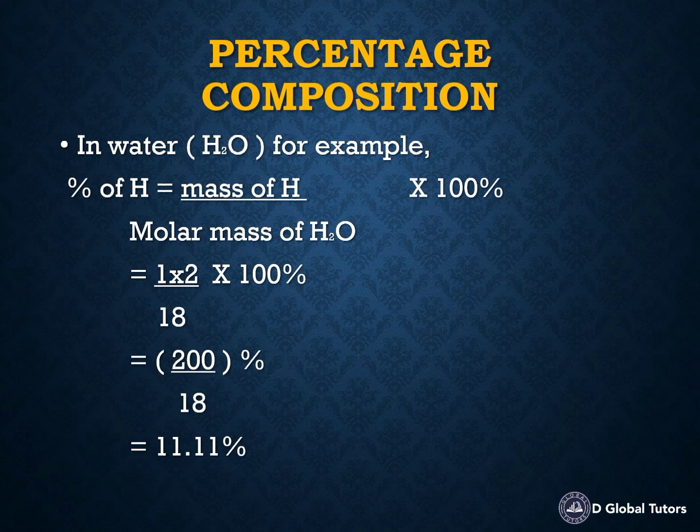We just did that a few minutes ago. Then multiply by 100%. So we have 1 times 2, 2. 2 times 100, that is 200 over 18. If you do the calculation, you're going to have 11.11%. Meaning in a molecule of water, there is 11.11% of hydrogen.